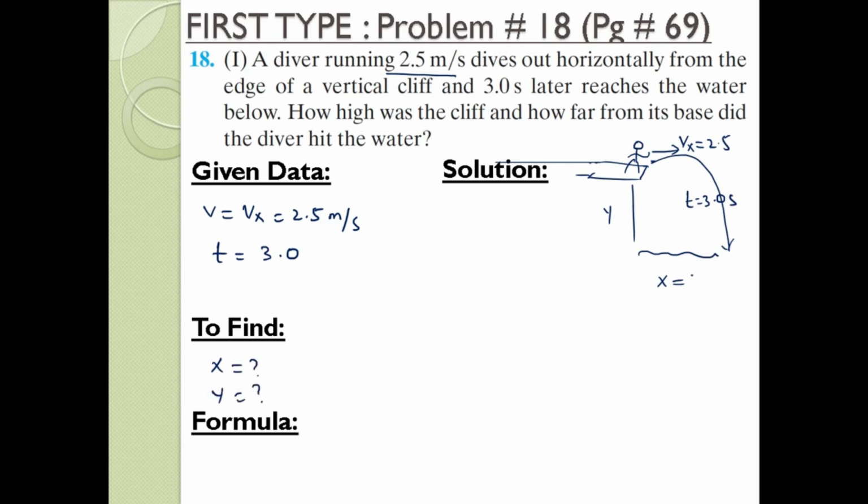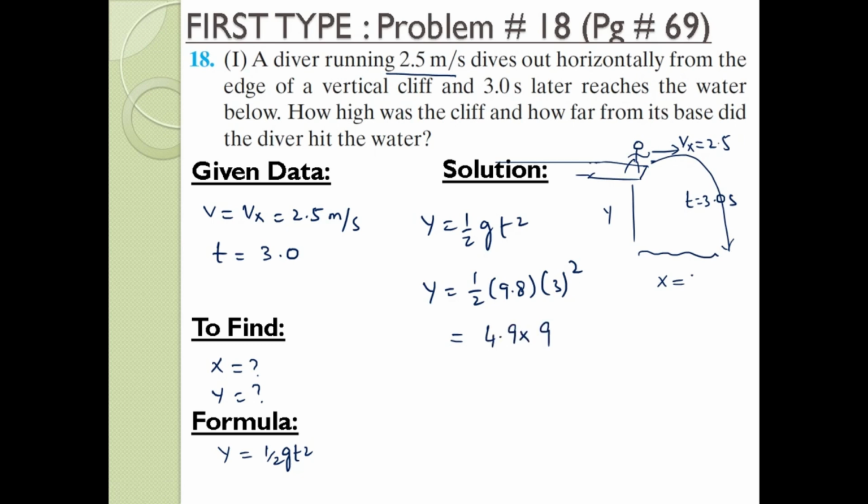First of all, I will go for y, because y is easy. I have the time, I just need to substitute values. So y is equal to half g t square. So y is equal to half times 9.8 into 3 square. Time was 3 seconds. So this is 4.9 into 9.